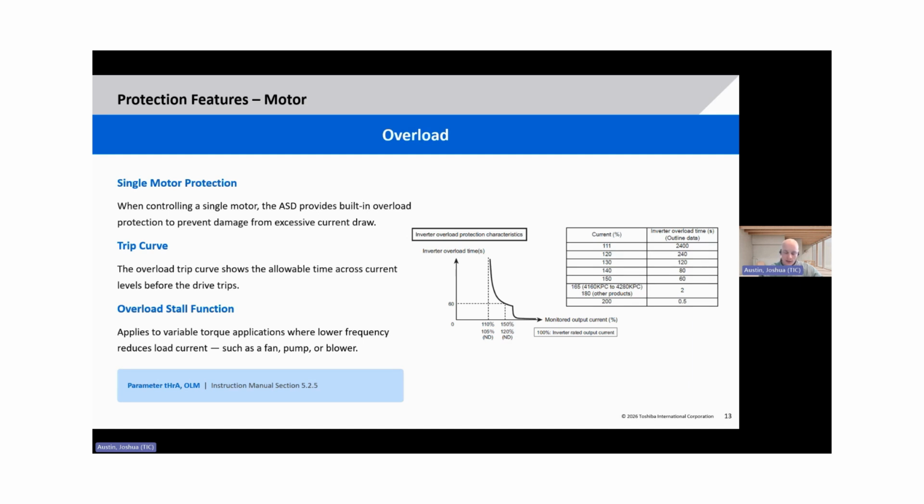In variable torque applications, we know through the affinity laws that the amount of torque or power is directly related and proportional to the speed of that motor. So if we can reduce the speed, we can reduce the torque and the current that that motor is drawing. So an overload stall function is there to try and protect the motor from being in an overload condition.